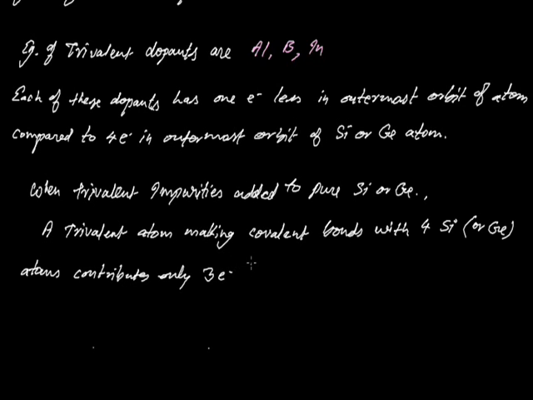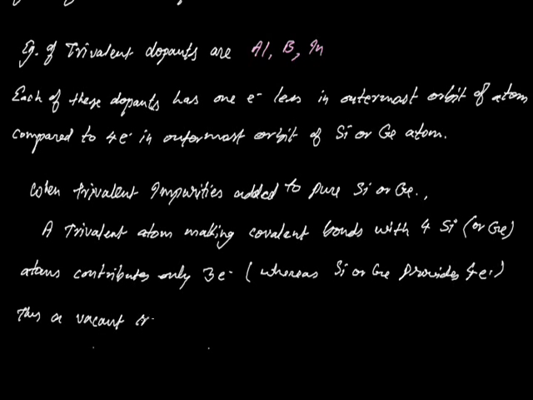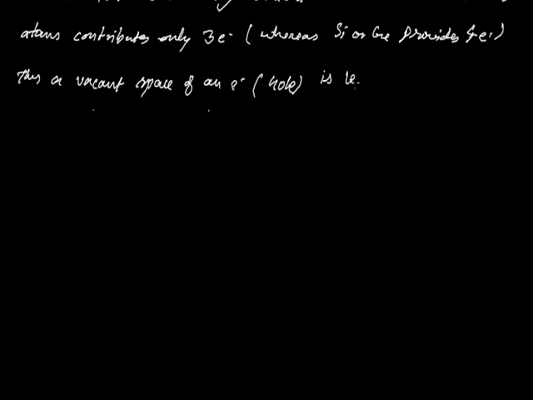And we know that silicon or germanium provides 4 electrons, thus a vacant space of an electron, known as a hole, is left there, which is available for conduction.